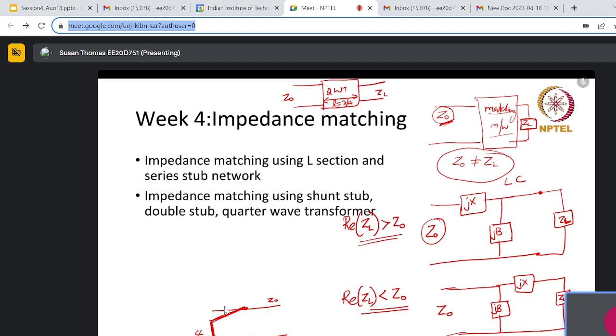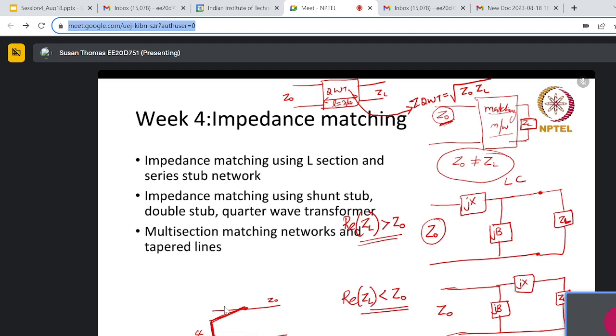There is a condition for the impedance of this quarter wave transformer: it should be equal to the square root of Z0 into ZL. Only then do we have a matching condition. This has been discussed in detail; I am just giving a brief of all these things.